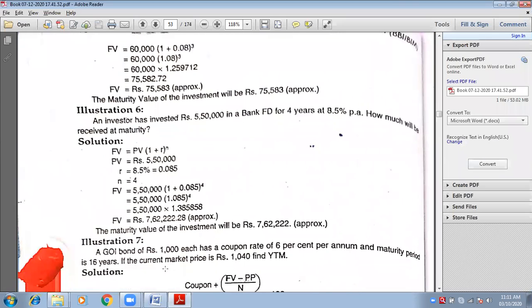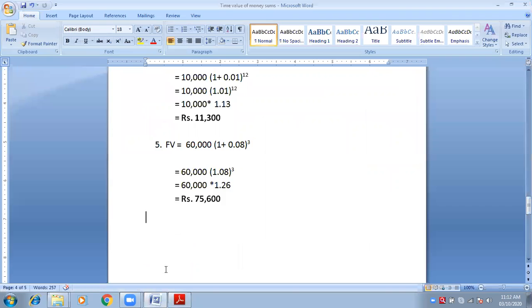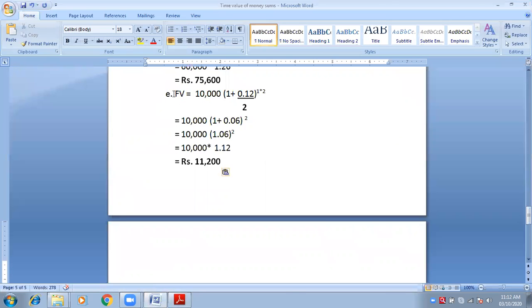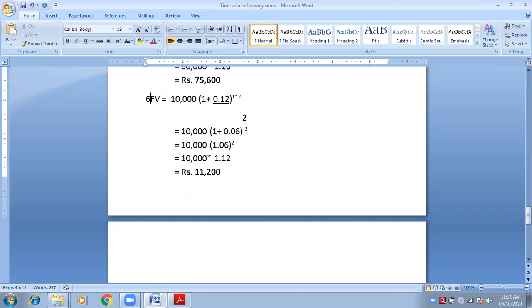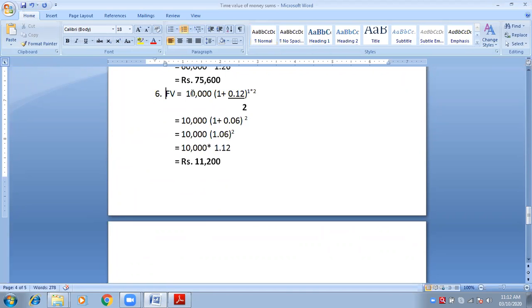An investor has invested rupees 5,50,000 in a bank FD, fixed deposit, for 4 years at the rate 8.5% per annum. How much will he receive at the maturity? So again, this is sixth sum. What is the present value? 5,50,000.